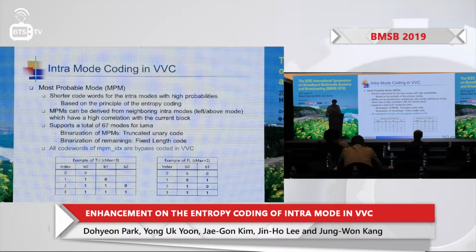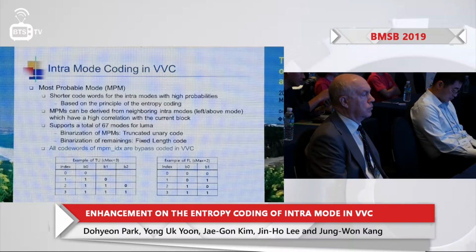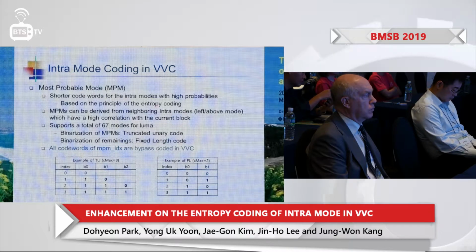To support all intra modes and to enable the entropy coding, first we should change the mode index to a binary code word. For the MPM index, the truncated unary code is used, and for the remaining modes, a fixed length code is assigned to the index of the remaining modes, shown in the right table.